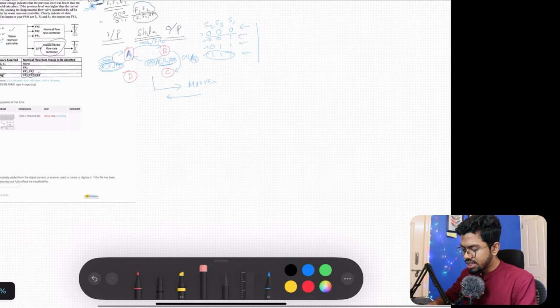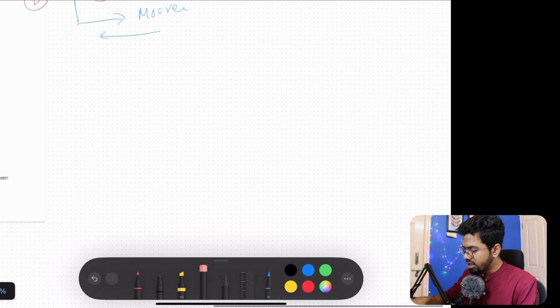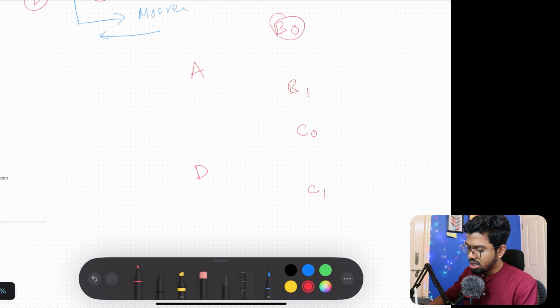Okay, so now if this is clear, let us try to build this state diagram. So here you have A, and you have your B0 state, B1 state, and here I have D, I have my C0 state and C1 state.